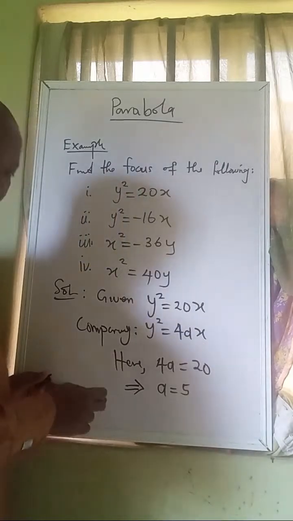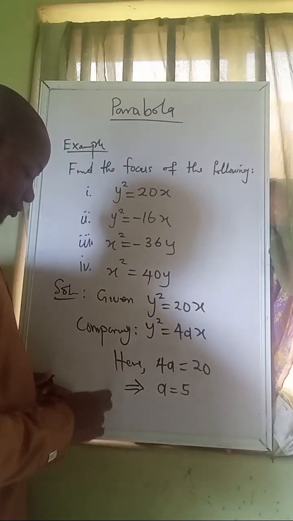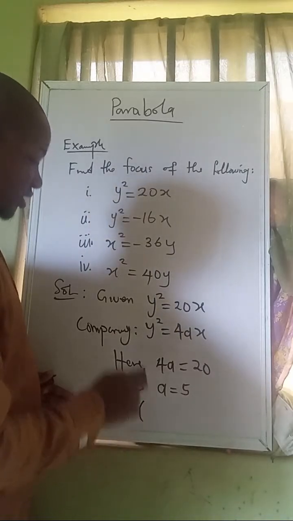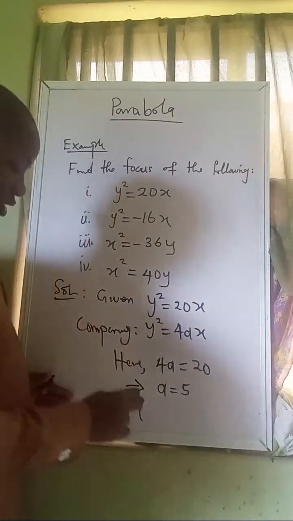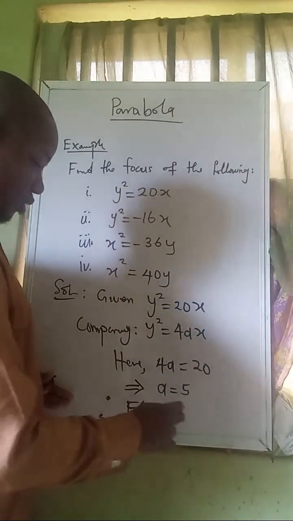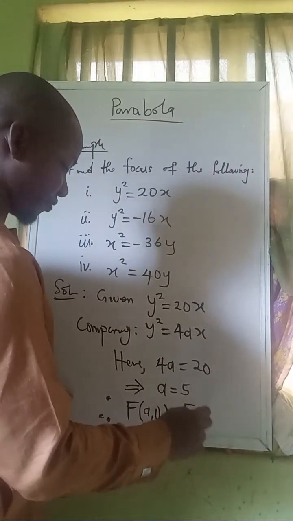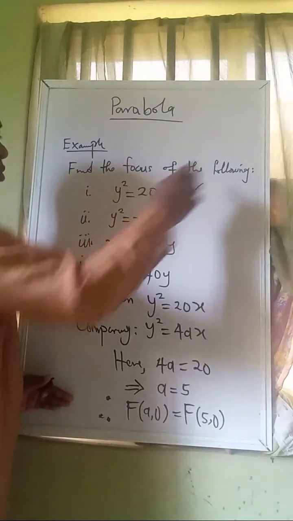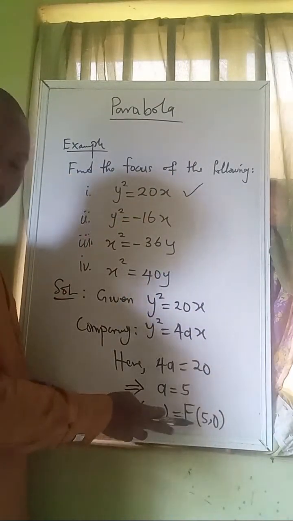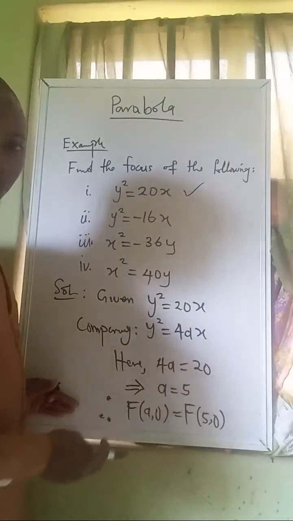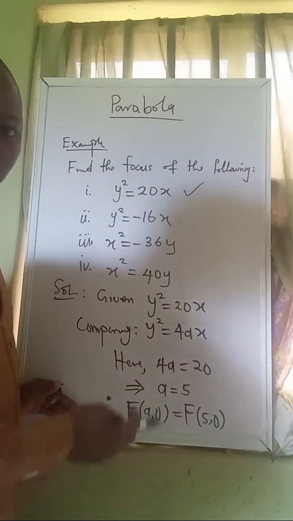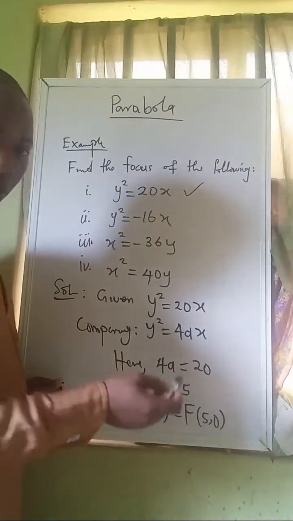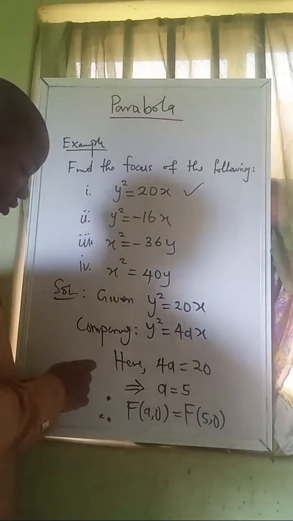So our conclusion will be that, therefore, the focus, whose coordinate for this type of equation is a comma 0, will be equal to 5 comma 0. So straight away the focus of this parabola is f 5 comma 0. Using the equation of the directrix, we can use x equal to -5. So let's see that up here.